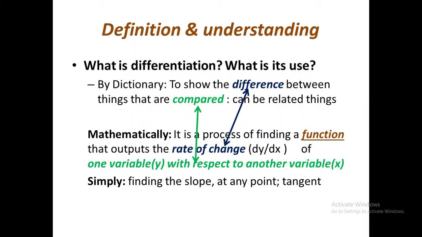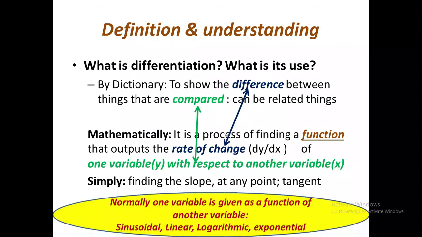For example, if a distance is being covered, the distance is getting changed with respect to time. But we are talking about how much, for example, how many kilometers with respect to how much time. That is the ratio we are talking about. And there is one more word which I have put importance on, which is function.